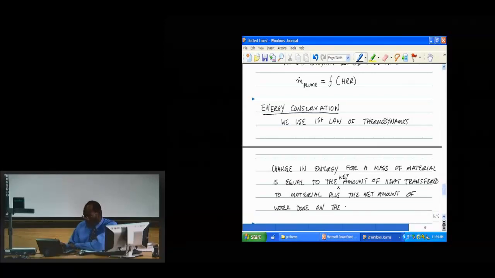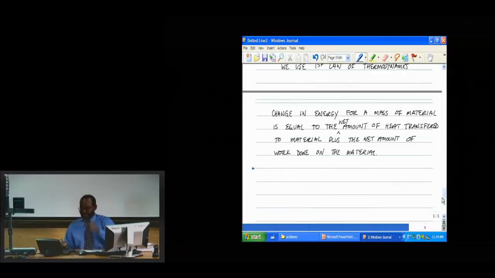That seems reasonable. So the change in energy is equal to the net amount of heat that you put in plus the net amount of work that you do on the material.